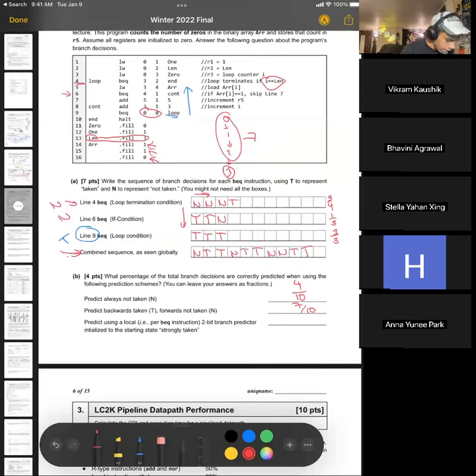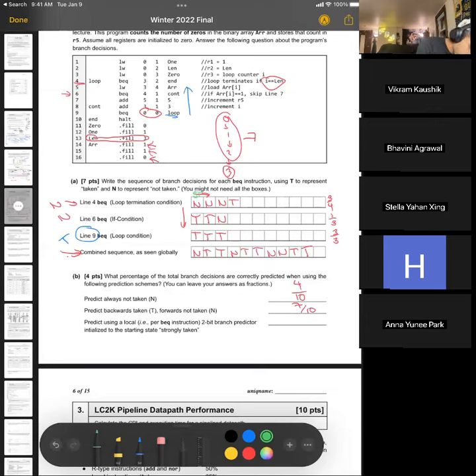Then it says predict using a local 2-bit branch predictor initialized to the starting state strongly taken. Basically, we walk through each BEQ again. Initialized to strongly taken, we predict strongly taken and get it wrong.